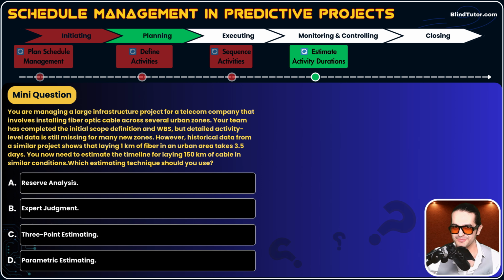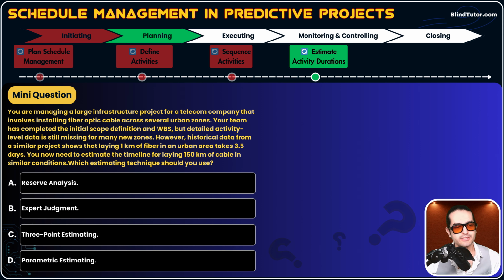I think it is a very easy question. A. Reserve analysis. B. Expert judgment. C. 3-point estimating. And D. Parametric estimating. And guys, let's just go to the last 3 lines. It says, however, historical data from a similar project shows that laying 1 kilometer of fiber in an urban area takes 3.5 days.